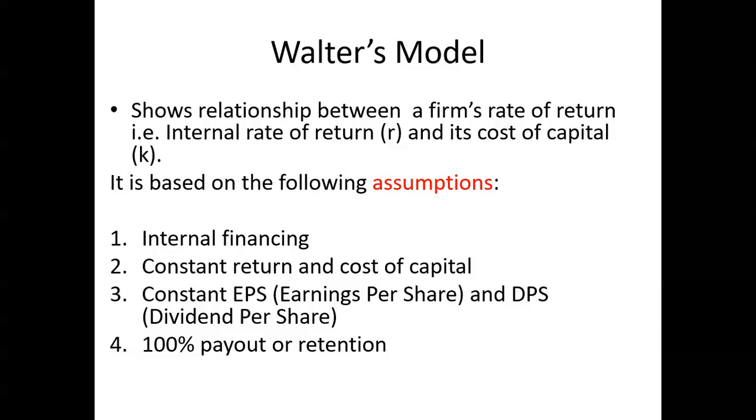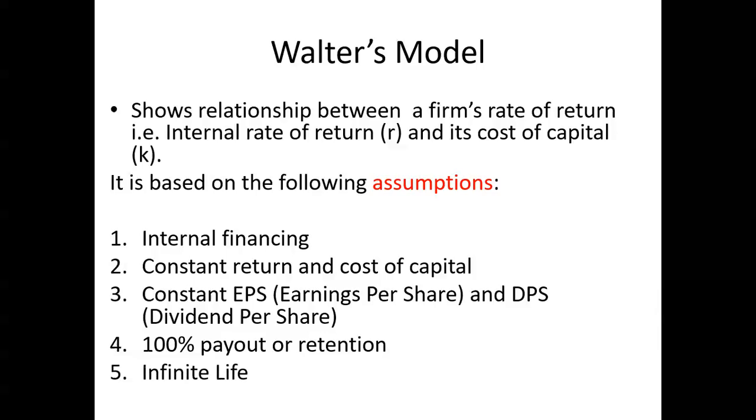This means the company doesn't rely upon external funds like debt or new equity capital. That is the first assumption, internal financing. The second one is constant return and constant cost of capital. Constant return means the internal rate of return and the cost of capital of the firm are constant. The business risk remains the same for all the investment decisions.